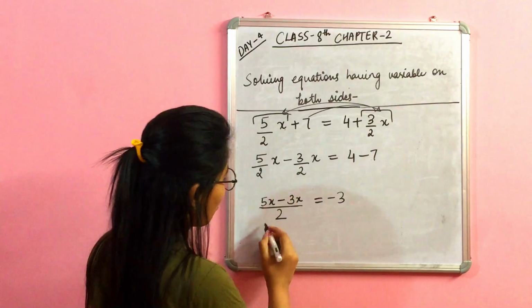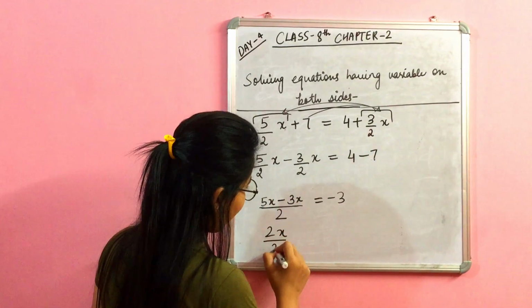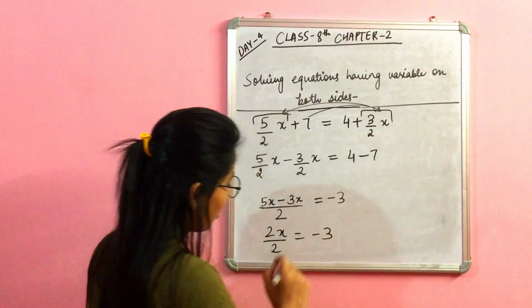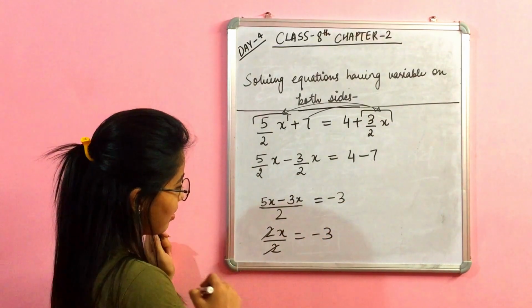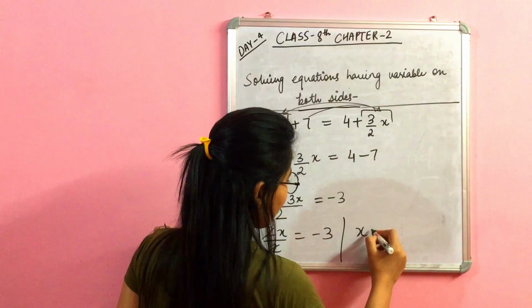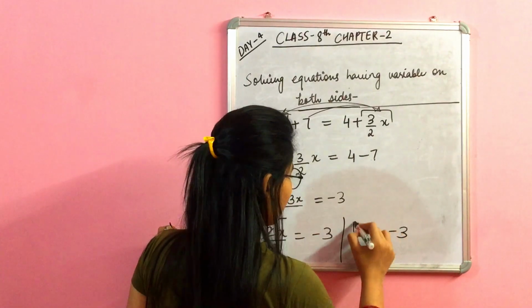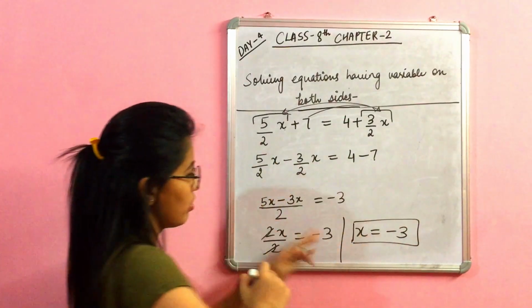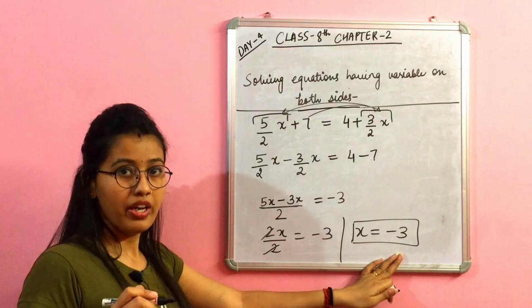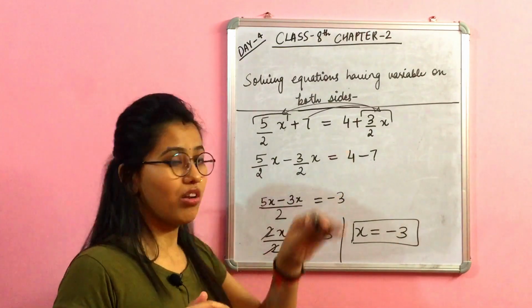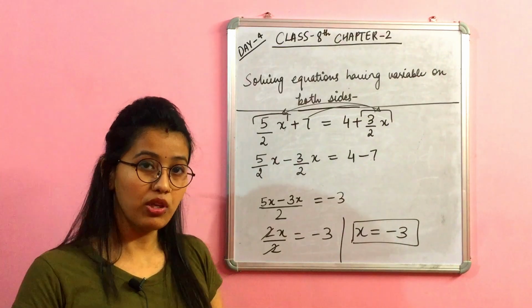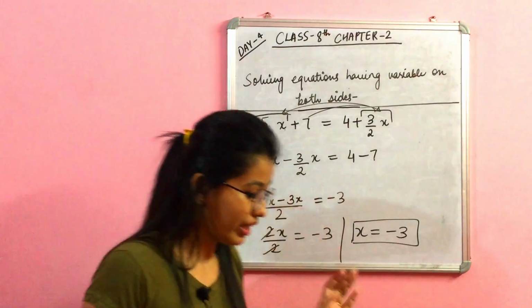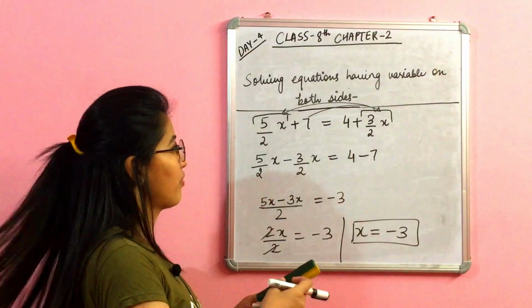Now this is 2x, so 2x divided by 2 is equal to minus 3. This 2 will cancel out. Now we get the value of our variable, x, which is equal to minus 3. This is how we can solve any example which has a variable on both sides, right hand side as well as left hand side.